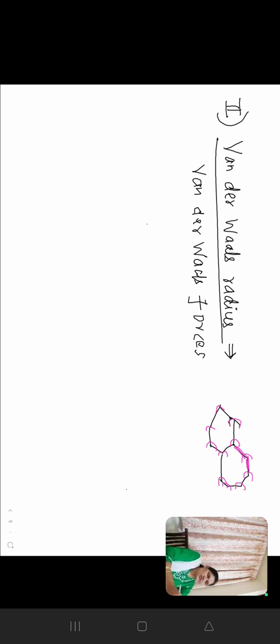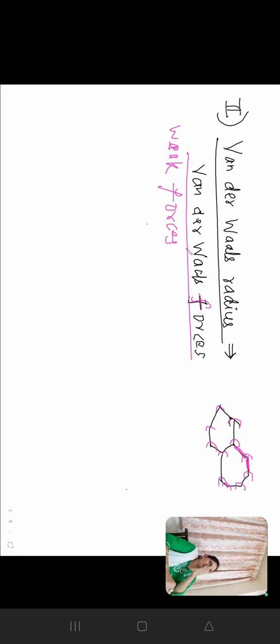Now, van der Waals radius, van der Waals forces. Now see, these are the van der Waals forces. They are very weak forces of attraction. Write down.